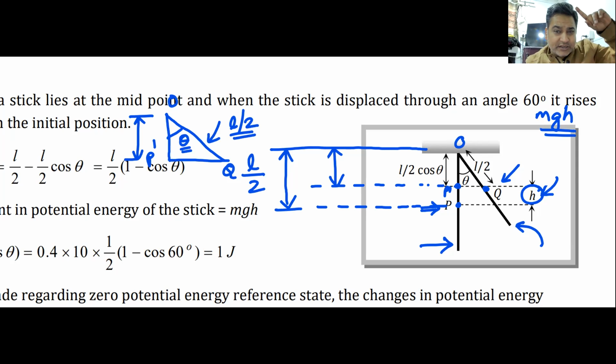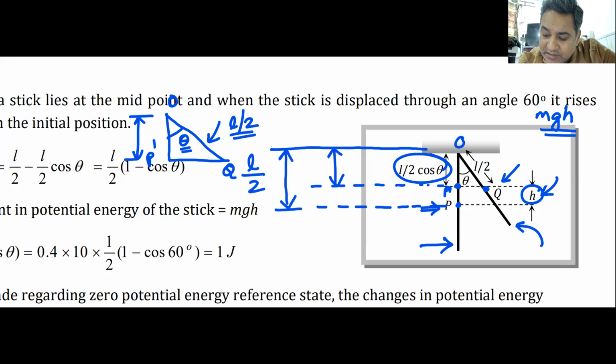Do you remember these vectors? If a vector A makes an angle theta, this component becomes A cos theta and the other becomes A sin theta. Do we remember this? Yes, sir. That's it. So if you remember things correctly, this will become L by 2 cos theta.